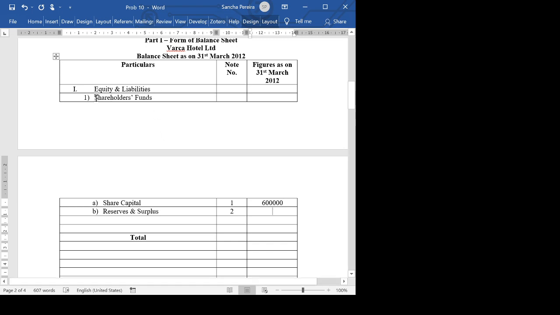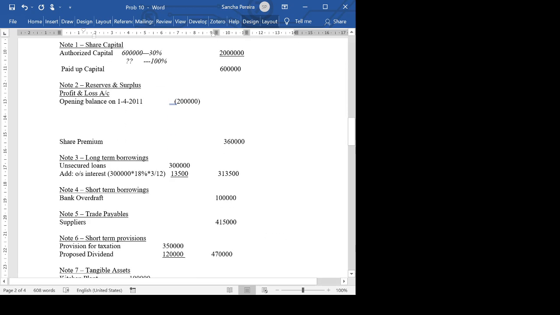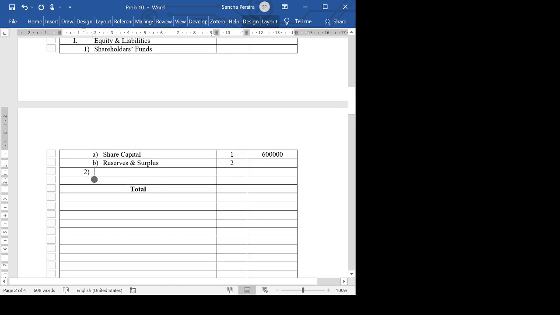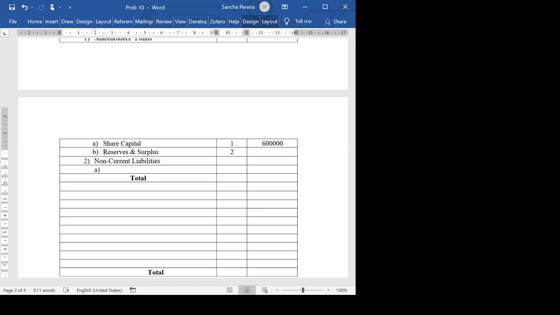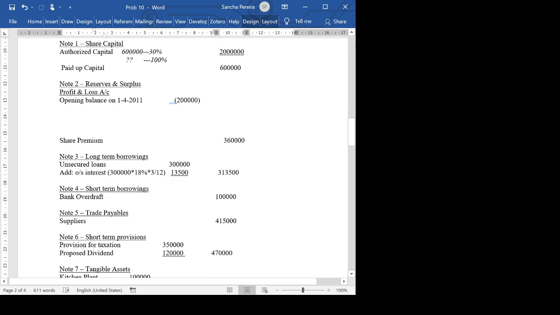So equity and liabilities: the first thing is shareholders funds. Then we come to non-current liabilities. Under non-current liabilities, the first thing that we have is long-term borrowings.